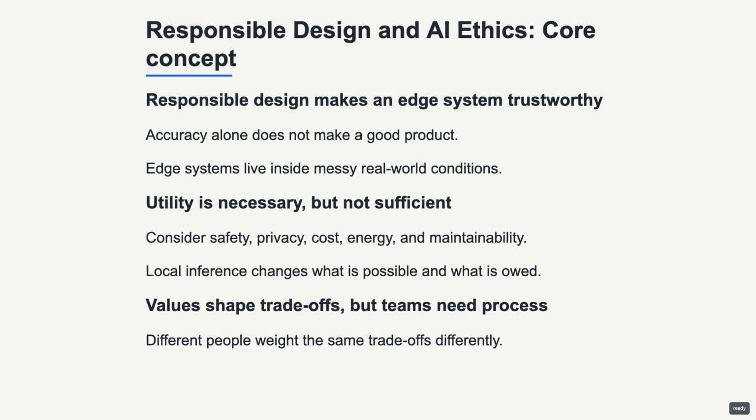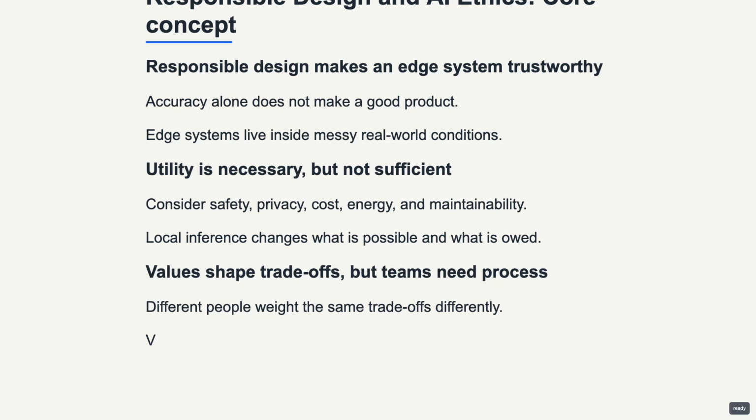Neither priority is wrong. The design has to reveal the trade-off honestly. A conservation agency, a factory, and a maintenance crew may all want different things from the same device. If those differences stay hidden, they come back later as rework, mistrust, or misuse.